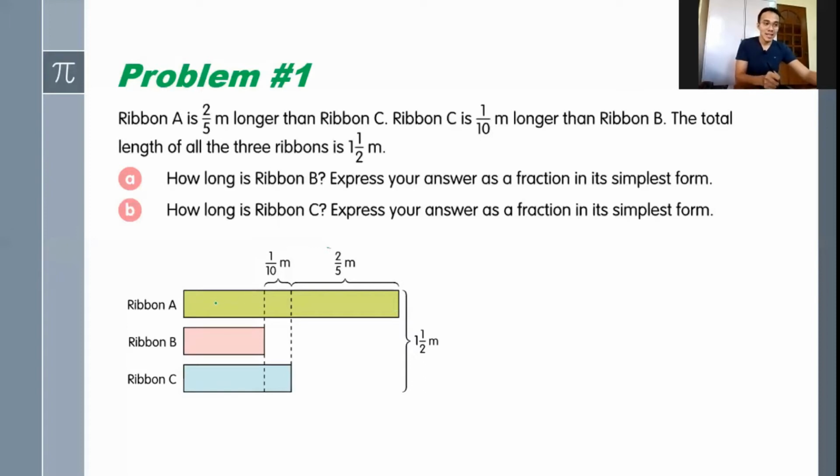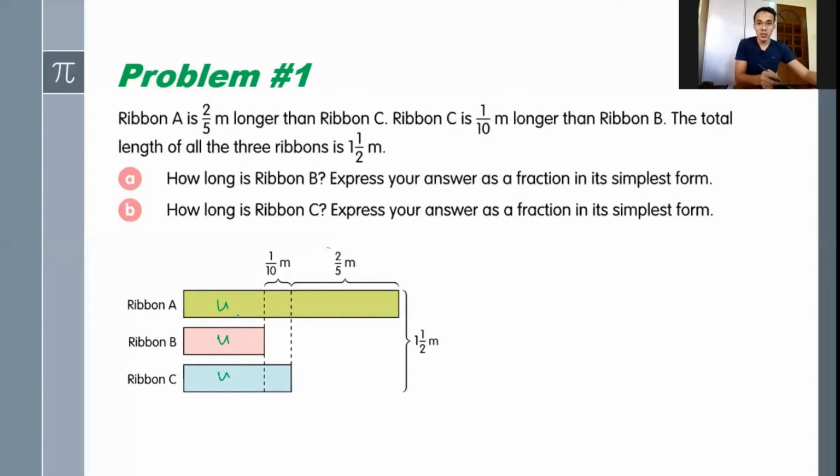Notice that these bars are of the same size. I mean, this can be U, this can be U, and this can be U. U stands for unit. This is 1 unit, 1 unit, 1 unit.